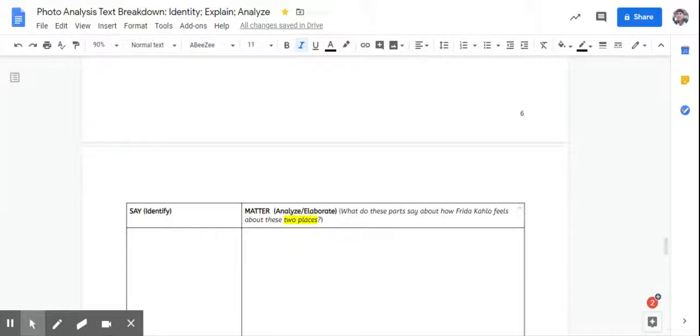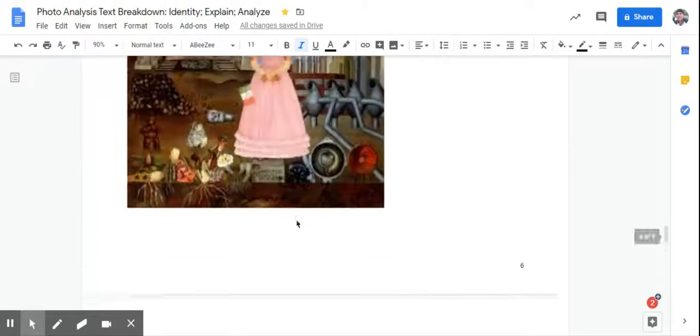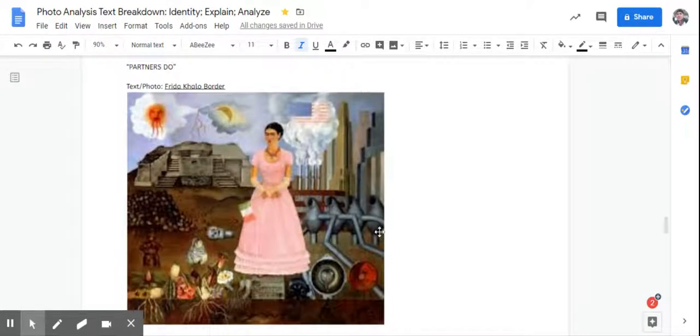Two places is highlighted there because when you really look at this painting, you see that there are two places identified. It appears that this side of the painting is the United States of America, and that this side is Mexico. And I would say it's Mexico because Frida Kahlo was Mexican.